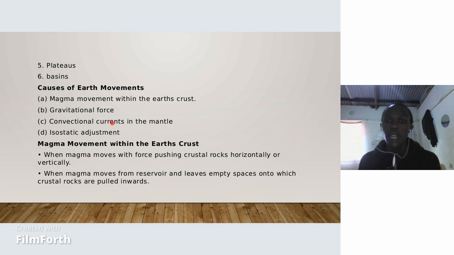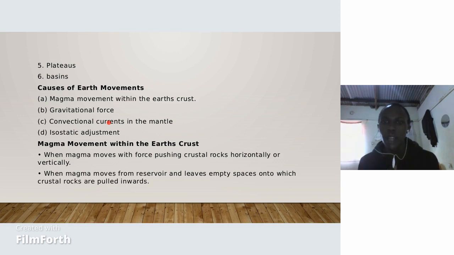Another one is convectional currents in the mantle. Convectional currents usually act in a circular manner, and as it occurs, it usually rotates, leading to adding pressure to the rocks and thus causing rocks to be pushed by these currents, leading to earth movement.